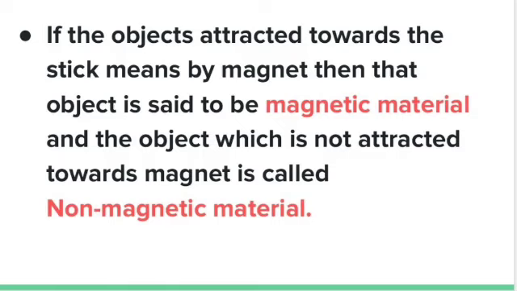When you touch that stick to different objects, the objects which are attracted are magnetic in nature, and the objects which are not attracted are non-magnetic in nature. In this way we can identify whether the material is magnetic or non-magnetic.